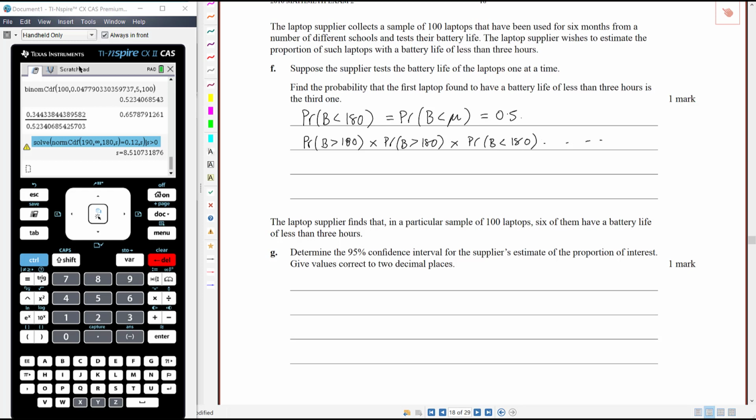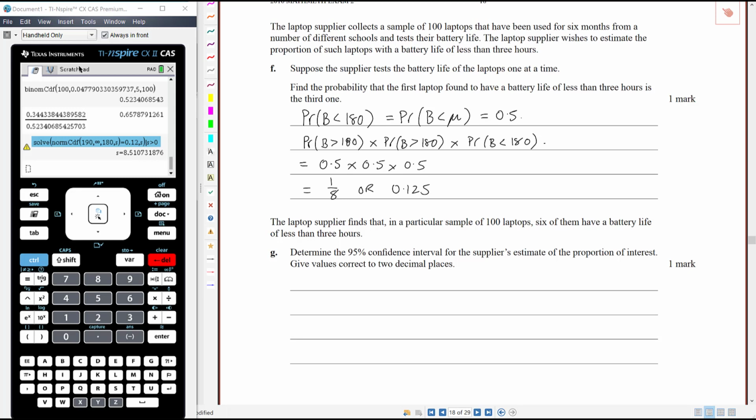After that, it doesn't matter, so all these probabilities would just be 1, so that's irrelevant. So the probability the battery life is more than 3 hours is 0.5, more than 3 hours is 0.5, and less than 3 hours is also 0.5, so it's 0.5 cubed or 1/2 cubed, so it's going to be 1/8, or 0.125.